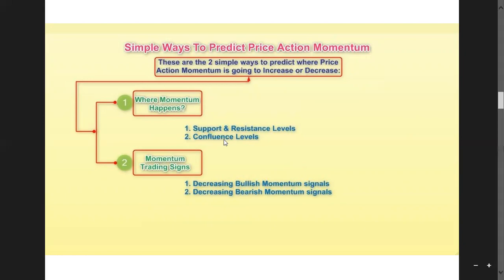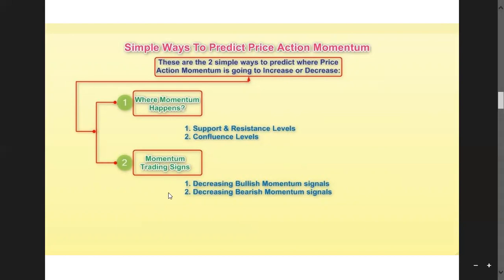Or if a moving average crosses the horizontal level or the trend line, that is a confluence level. Confluence levels are where two support and resistance levels interact or cross each other. Momentum always loses on the confluence level and on the support and resistance level.